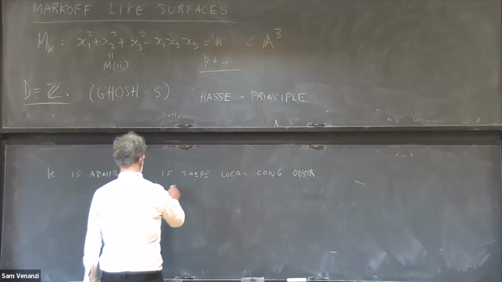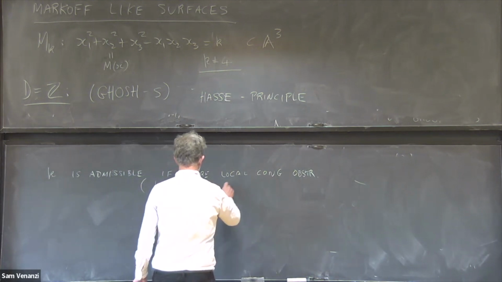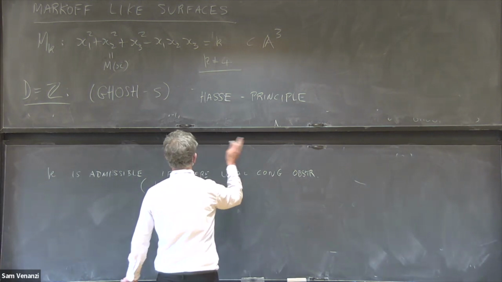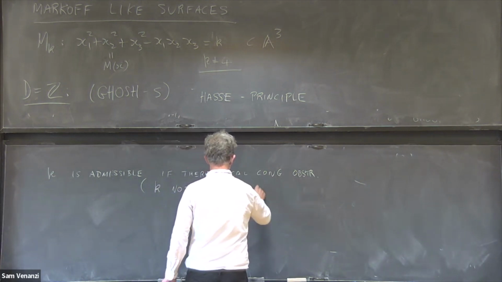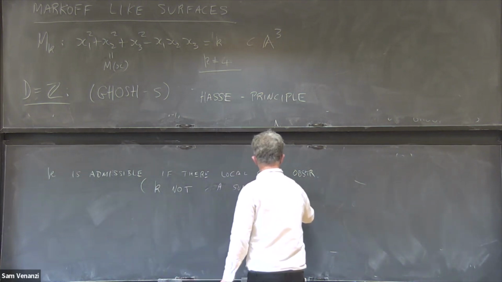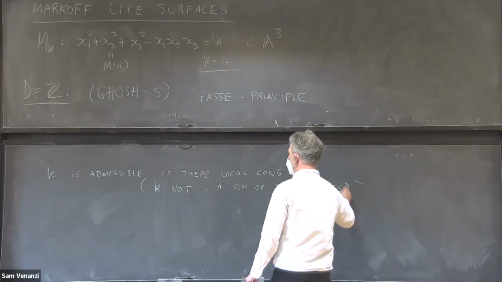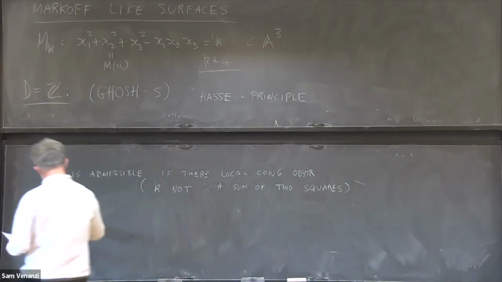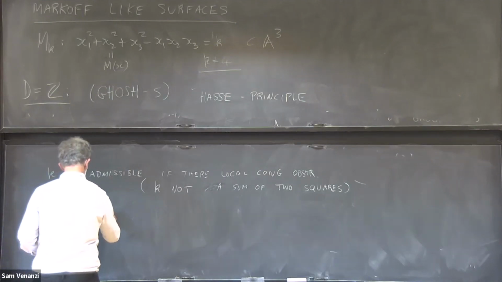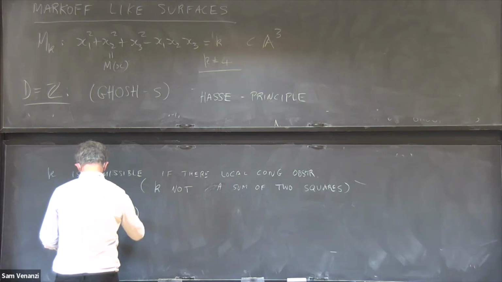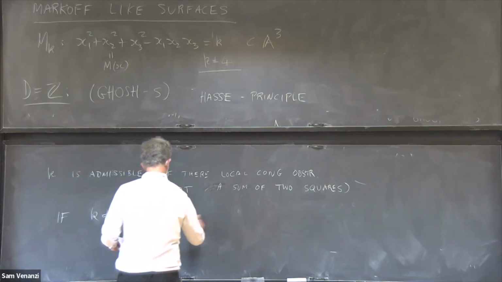So I'll assume K not a sum of two squares, call it generic now. So K is admissible if and only if K is not 3 mod 4. So there's only obstructions at prime 2. K is not 3 or 6.